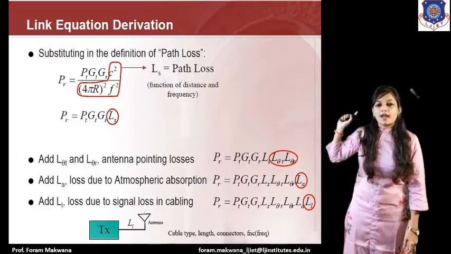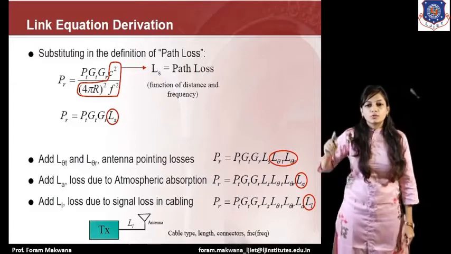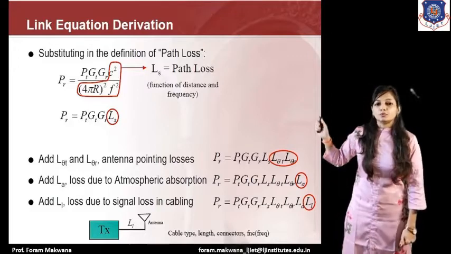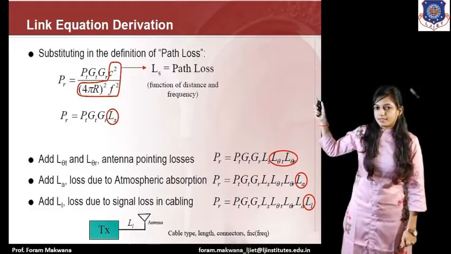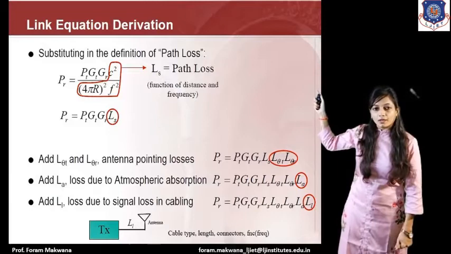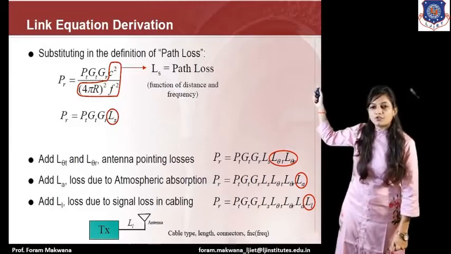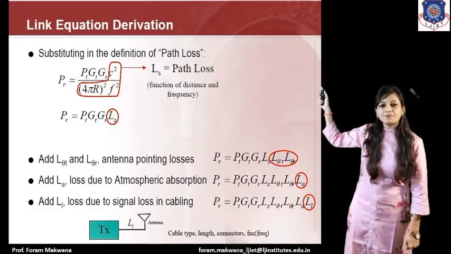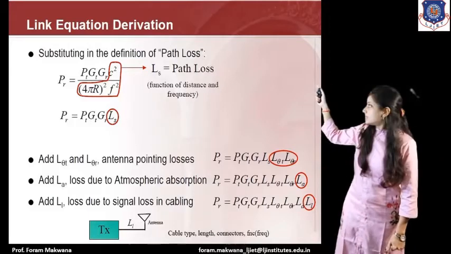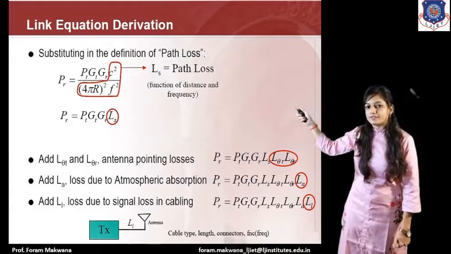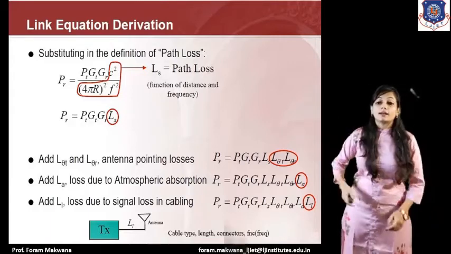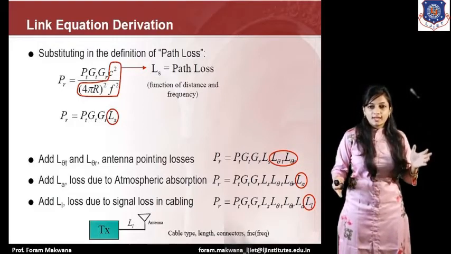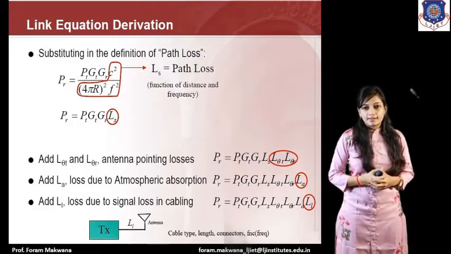Over here I have replaced lambda, which is equal to C by F. Alright. So what is PT? PT is the transmitting power. What is GT? GT is the gain of the transmitting antenna. What is GR? Gain of the receiving antenna. What is C? C is the speed of light. F is the frequency. And what is R? R represents the range between the transmitting antenna and the satellite.